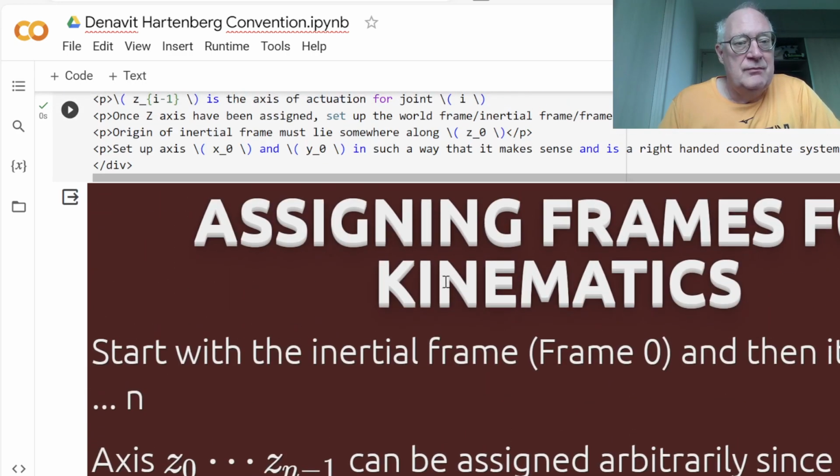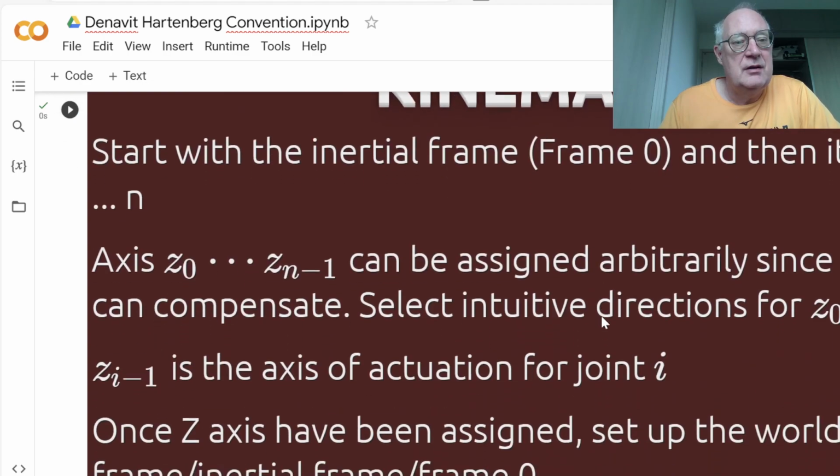Well, by assigning coordinate systems, assigning frames to the kinematics, we start with the inertial frame, frame 0, and then we iterate 1 to n, starting with the first joint up to the nth joint.